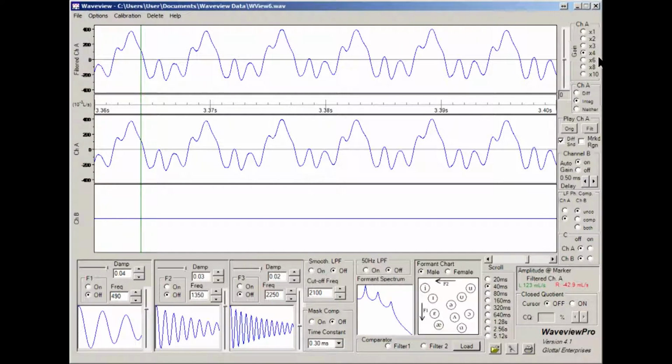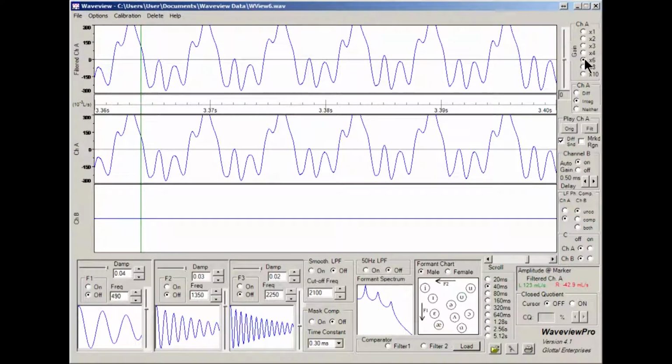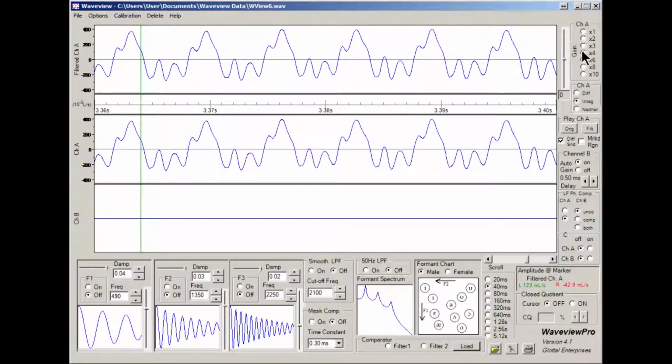It just affects how much you see on the screen. So you're free to pick any amplitude scale that you want. Even if it goes off scale, the inverse filtering won't be affected. Okay, I have it now at a gain times 4, and the integration is on.